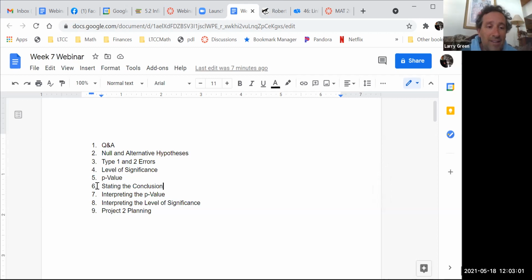Then we'll talk about how you state your conclusion once you've conducted your hypothesis test, found what we call the p-value, and then how you proceed. Then we'll get into some details, kind of like when we had confidence intervals. Remember, with 95% confident, we can say that between blah, blah. That was the important part of the confidence interval.